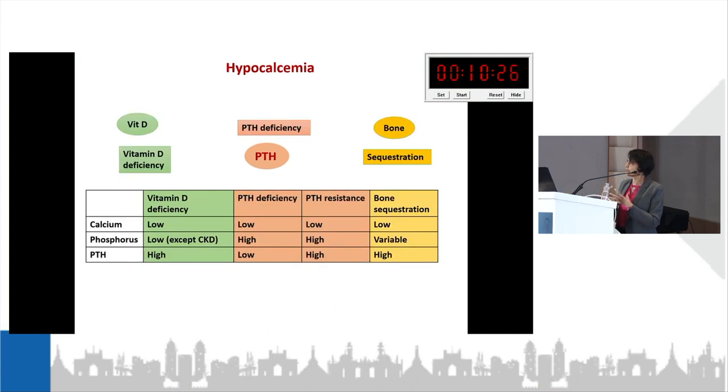So when we are talking about these different parameters which lead to hypocalcemia, it's absolutely essential to look at the rest of the parameters, which tell us which domain is going wrong, and that comes from phosphorus as a marker and parathyroid hormone as a marker.